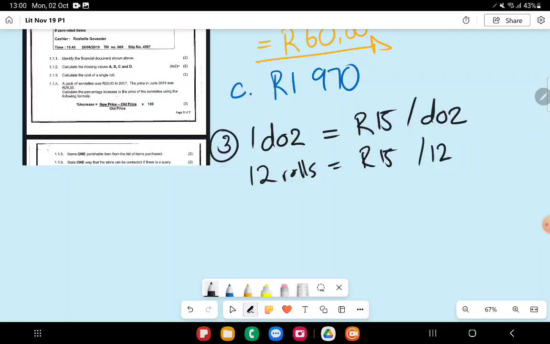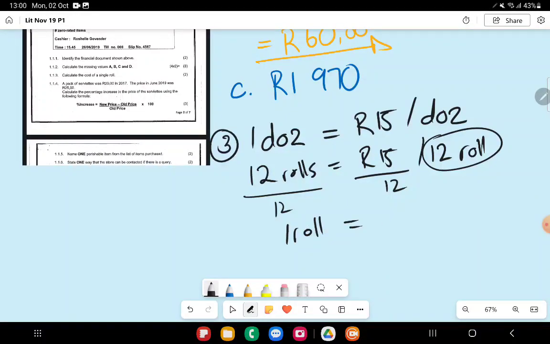To get 1 roll, I need to divide both by 12. The unit I'm not going to take into account. So 1 roll is equal to 15 divided by 12, which gives me 1 Rand 25 cents for 1 roll.